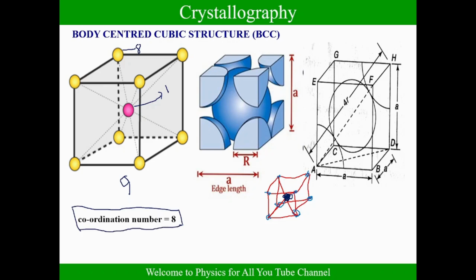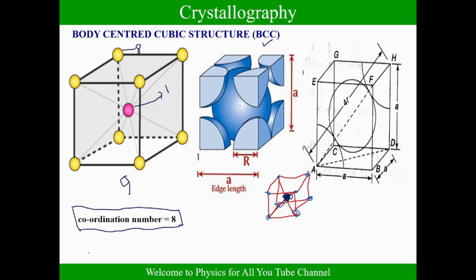Now we will discuss how we get 8 as the coordination number. In order to calculate the coordination number, let us consider the second diagram, that is the middle diagram. In this diagram, this is the body centered atom. It is called the first corner atom.